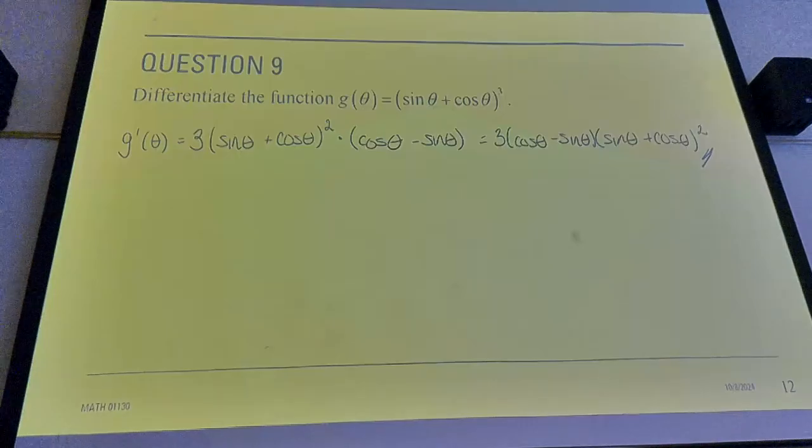Actually, that is not as simple as it could be. Where did the negative come factored out? You have no idea what I'm talking about. I have no idea what you're talking about.